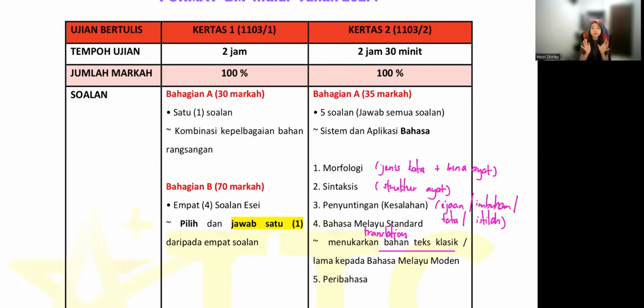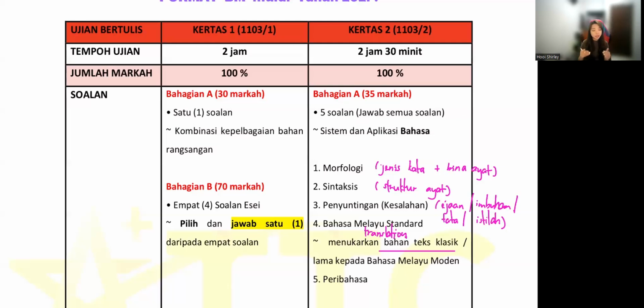Why do I say so? It is because they will extract a part from the prosa tradisional and make it an exam question. You will only have one prosa tradisional in Form 4 and another prosa tradisional in Form 5. Prosa means story, cerita.